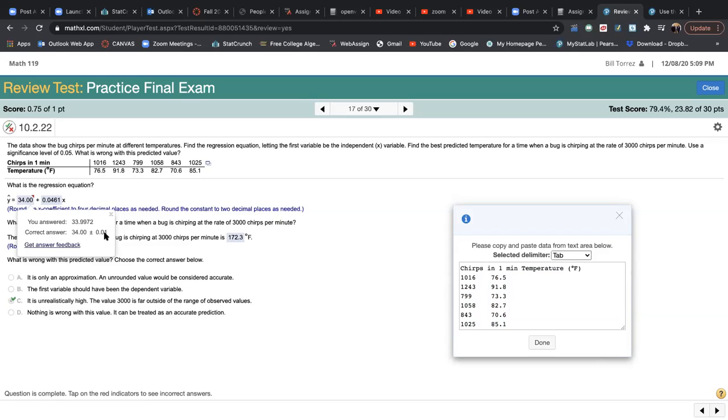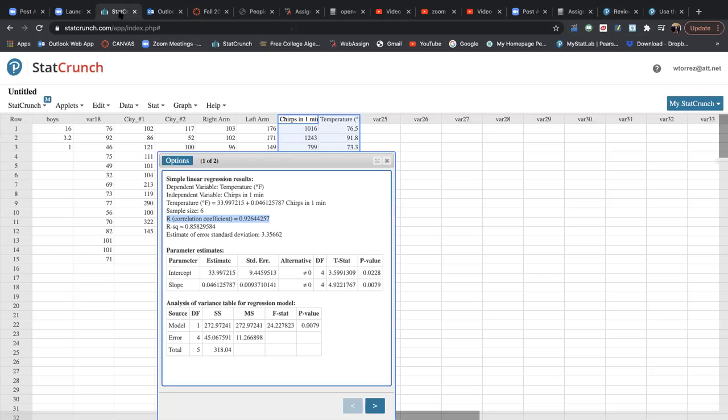I would give you full credit for a value of 34. And then the slope of the line from StatCrunch is about 0.93. Sorry, looking in the wrong spot here. 0.046. So there's our slope.